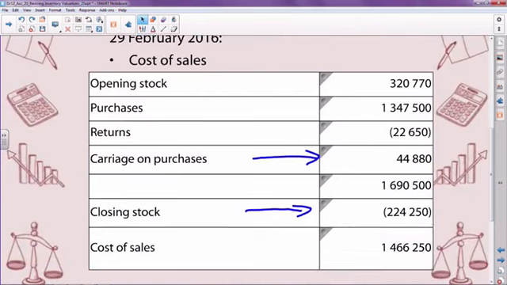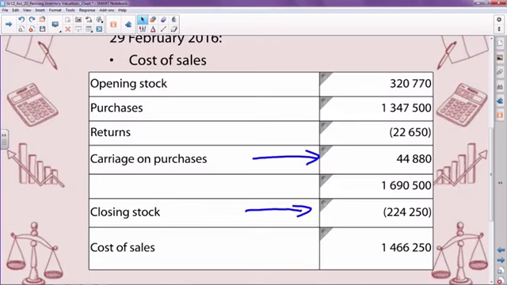So this table that we use to calculate our cost of sales is of utmost importance. Step number one, opening stock, add your purchases. Why are we doing this? Because we are using the periodic inventory method of stock.